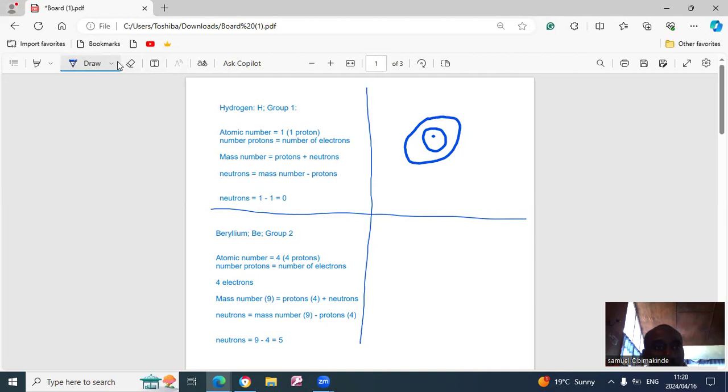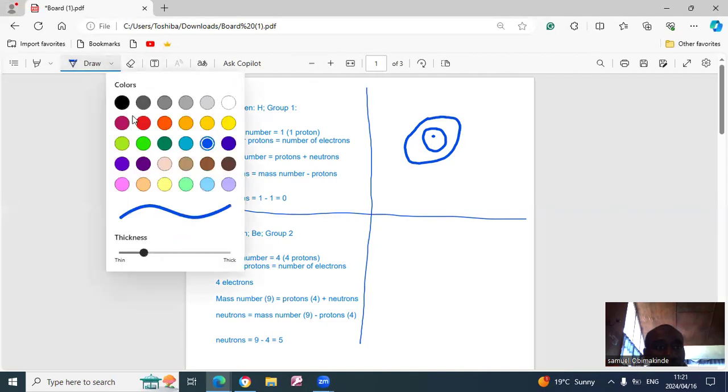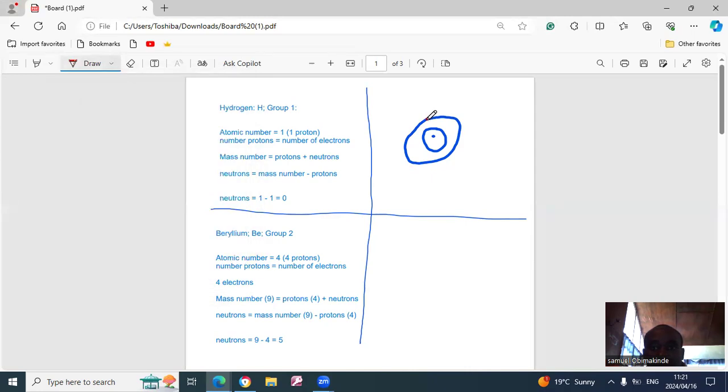I'll represent the electron with another color, red. So this will be the single electron that is moving around the nucleus of a hydrogen atom, right?